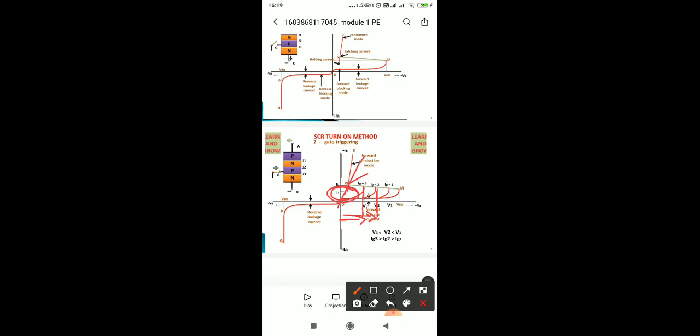Therefore, it is necessary to apply the reverse voltage over a finite time across the SCR to remove the charge carriers which are present in all four layers. So, along with making the anode current below the holding current, we need to apply the reverse voltage to turn off the SCR.